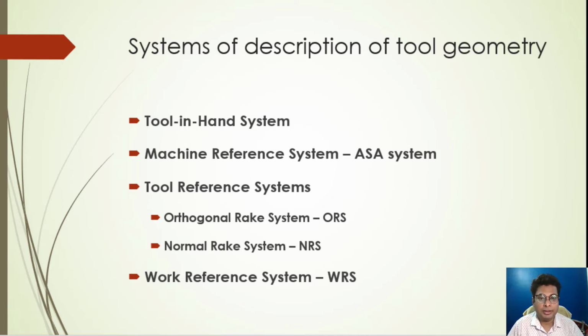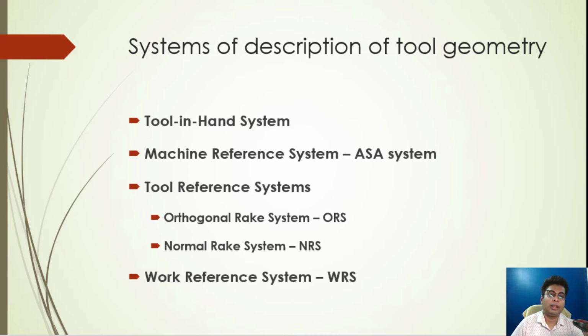It is basically similar to whenever you are holding a mouse. Suppose whenever you are holding this mouse, if we are going to describe it in tool in hand system, then we will only be concerned about how many buttons it has, whether the scroll wheel rotates both ways, whether it is laser pointed or not. That's it.